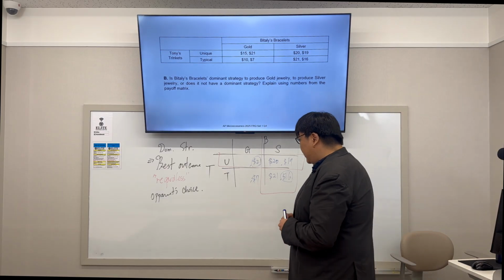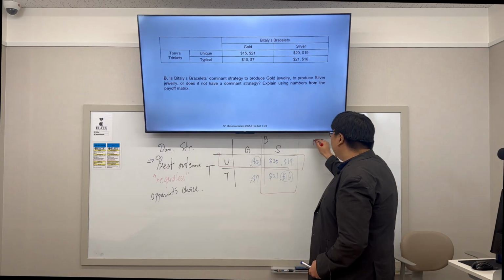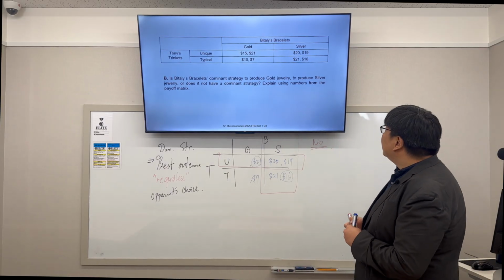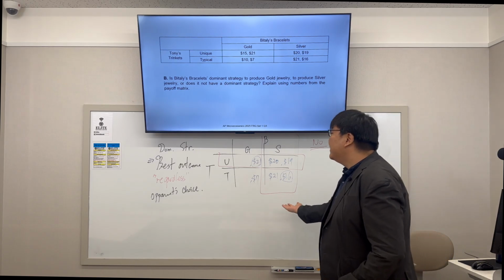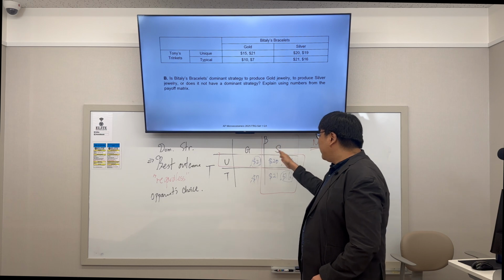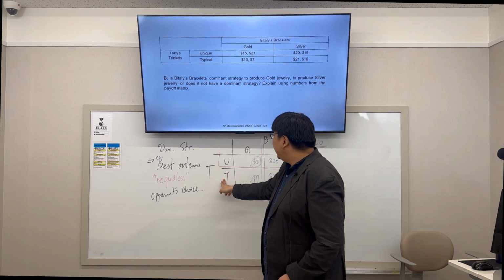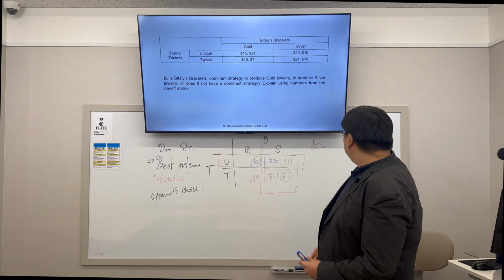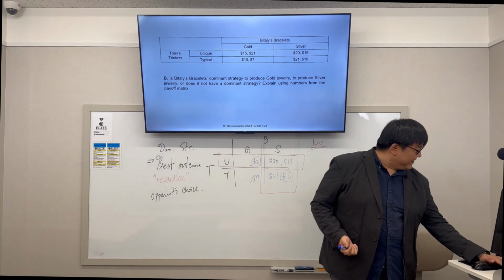Simply, your answer in part B is no, there is no dominant strategy. Then you can explain: in case 1, with unique, gold is better than silver; in case 2, with typical, silver is better than gold. Pretty simple, isn't it?